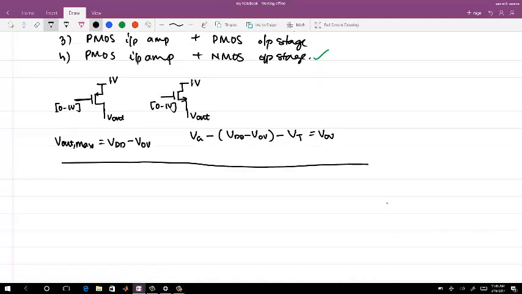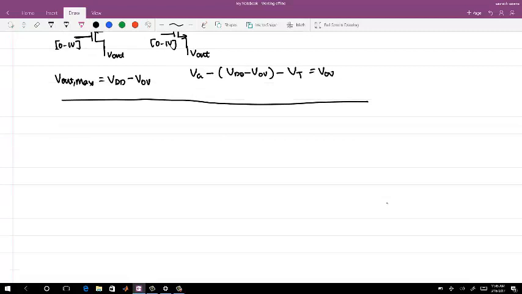Now let's see the PLL with this regulation. Let me use an input pair with PMOS.